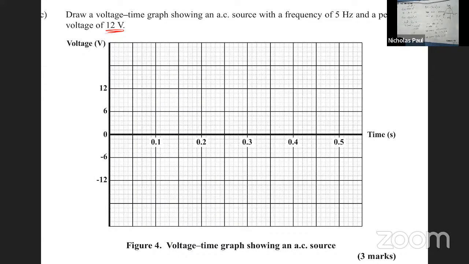Period is... right, so the period is 1/5. So it goes up to 12, comes back down, comes back up. Are you okay with that? So it goes up to 12, comes back down to -12, period is 0.3.